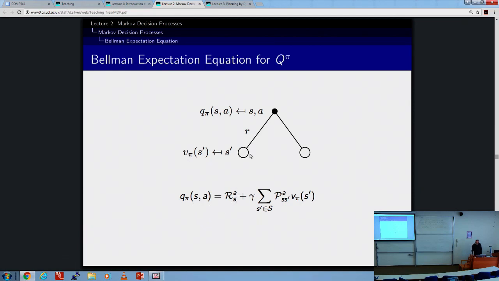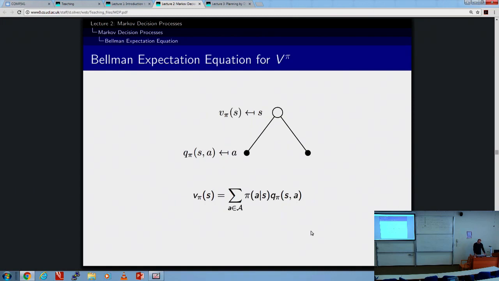I'm going to say, oh, I don't know what this R is going to be, but I know its expected value is given by this capital R matrix that was offered in my model, plus the discounted version of my future rewards, which is the probability that I'm going to end up in S prime times the state value function for S prime.